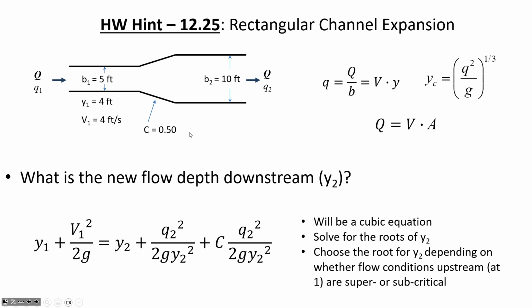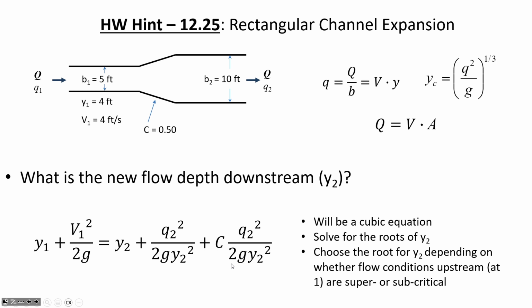And then the remaining energy is split between the depth and the velocity head. So just to summarize that again, there was a certain amount of specific energy at 1. The depth and the velocity head was the energy that was at 1. Then you lost some specific energy due to the expansion. And that is this term.